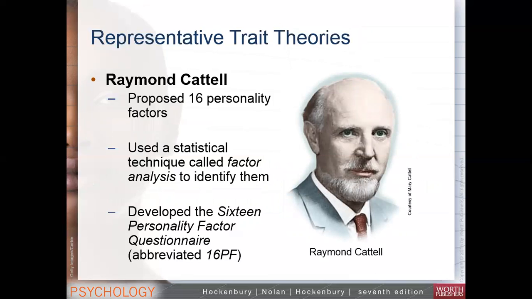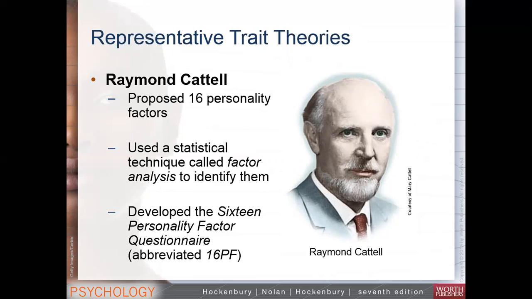So Raymond Cattell said that there were 16 personality factors. There were 16 basic traits that made up these factors that made up personalities. He used a technique called factor analysis, and essentially he has tons and tons of traits, and then he breaks them down with a fancy analysis to see which traits are more like others, and then they end up factoring in with each other, and then you can lump them together into categories.